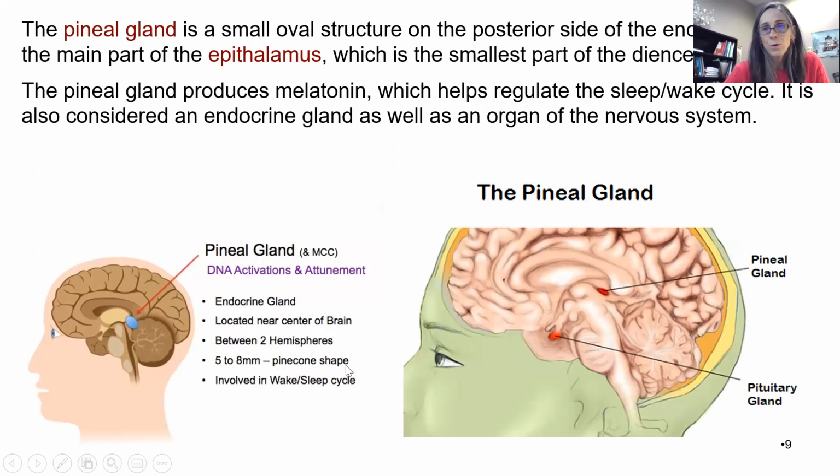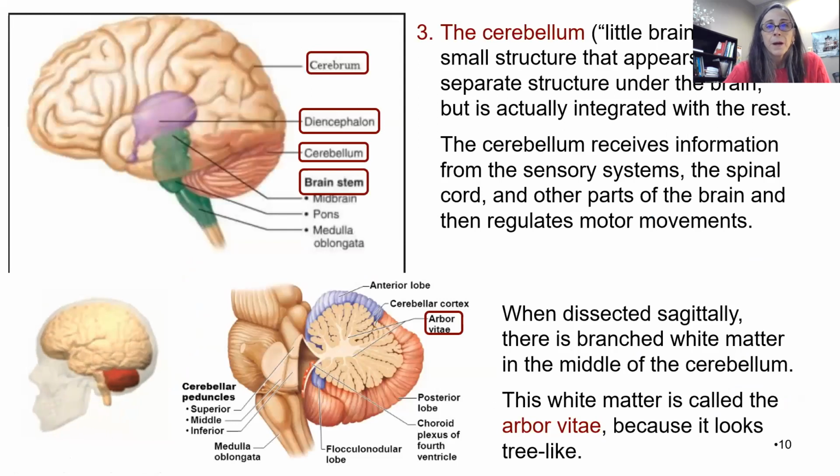It's pine cone shaped, and again, it secretes melatonin. So here's pituitary and pineal. Make sure you can define them. Pituitary anterior, pineal posterior.